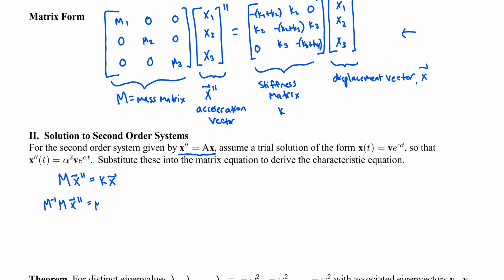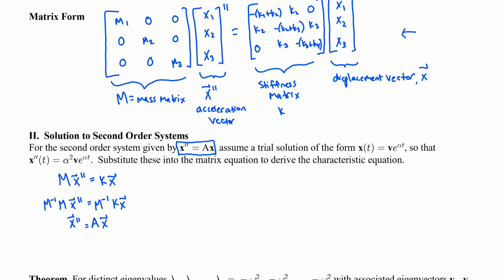So applying M inverse to both sides, we end up with an isolated acceleration vector on the left, and on the right side we've got the product of two matrices, M inverse times K. We're just going to call that matrix A. So by isolating X double prime, we end up with a matrix equation of this form.